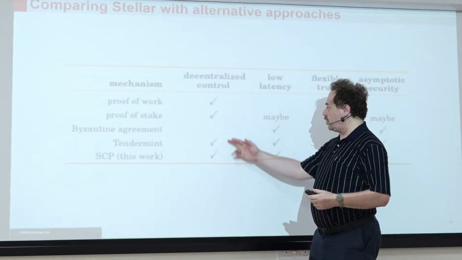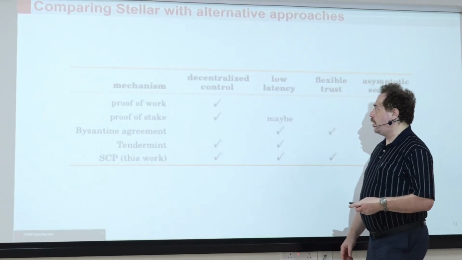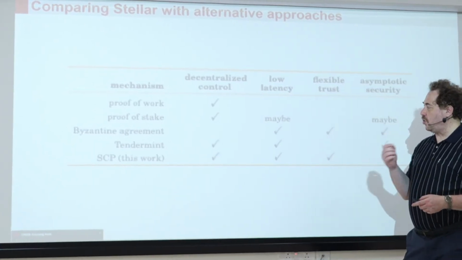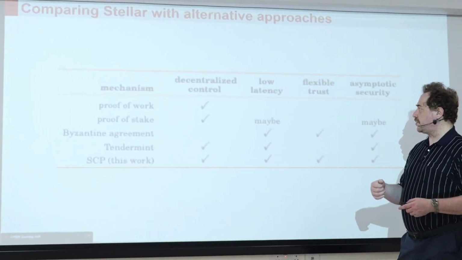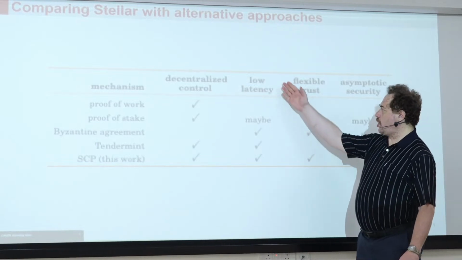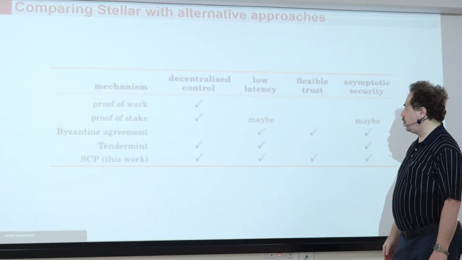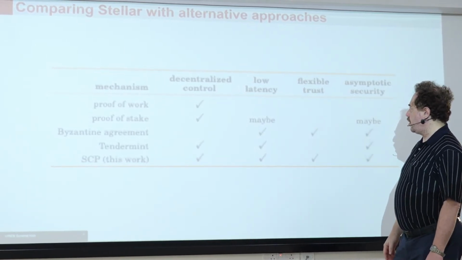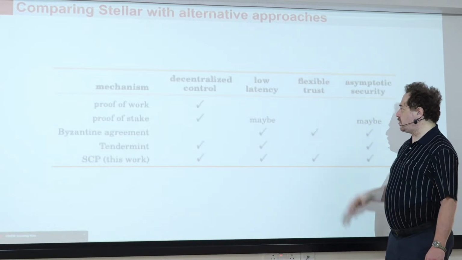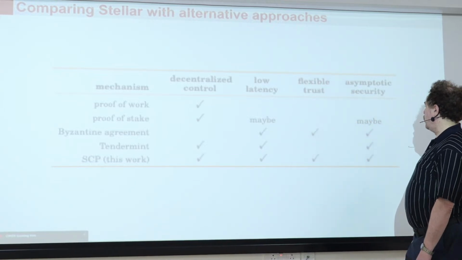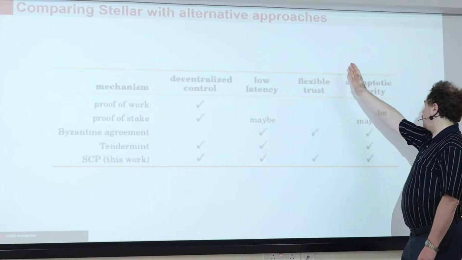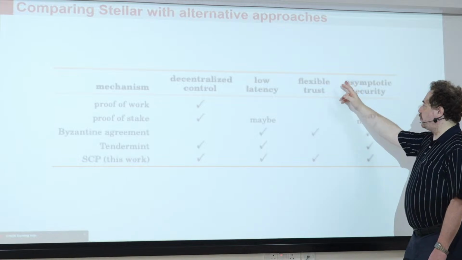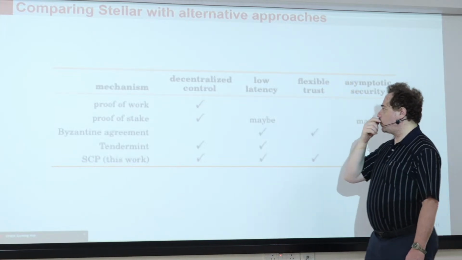Decentralized control over quorum: is quorum determined in a centralized way or in a decentralized way? How high or low is the latency of the protocol? How flexible are the trust assumptions in the protocol? And there are certain security guarantees, but they're probably less relevant for us.